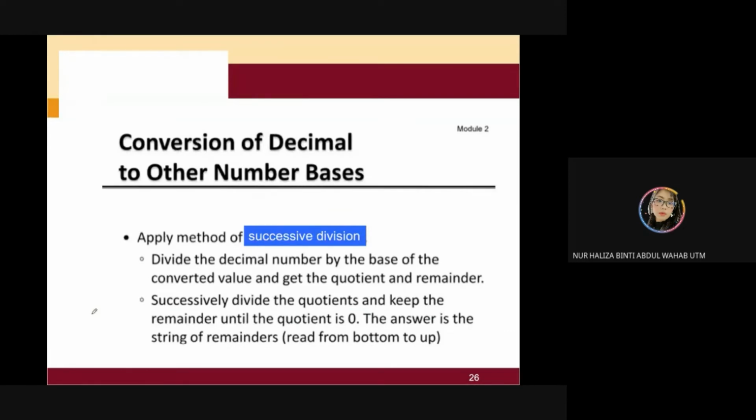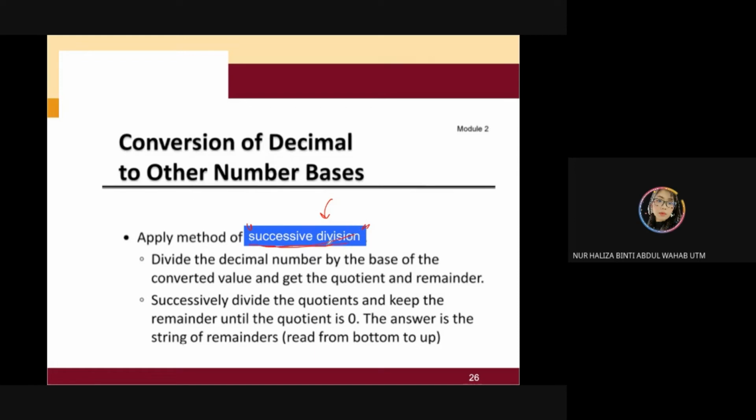I don't like it when I need to remember all the terms, because I always think, as long as I know the method, I know how to convert, I know how to do vice versa conversions, then it's okay for me. But you cannot do that. You need to know the terms as well, because sometimes in the exam, especially in your part A, it can ask you the method name.